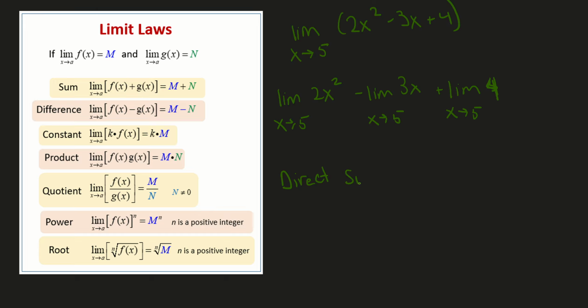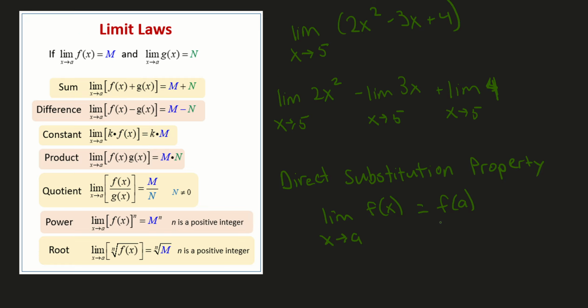Direct substitution property. The idea with the direct substitution property is that your limit, for example, as x gets close to a of our function here, is simply equal to the function at that point, okay?